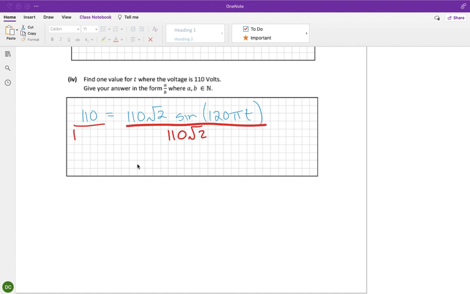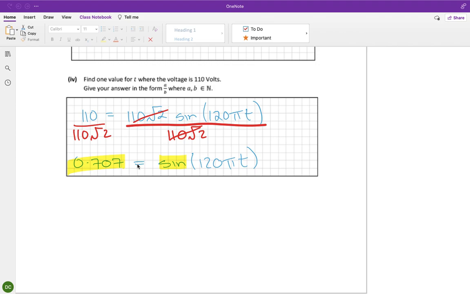The trigonometric equations. So 0.707, it goes on, equals the sine of 120 pi t. Okay, so again, just this and this.